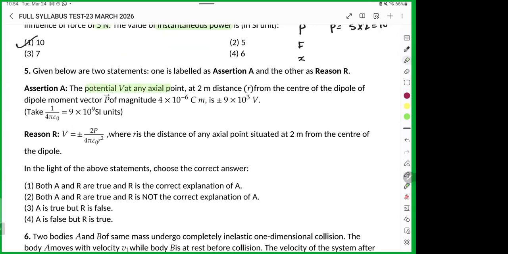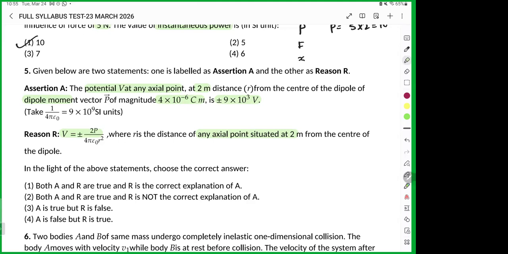Potential at any axial point at this distance in meters from the center of the dipole is this. Dipole moment is this and total potential is this. And the potential value is this at any axial point situated from the center. So you should know the potential in different situations.